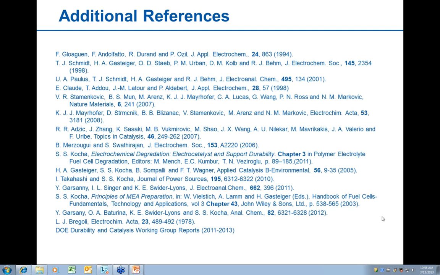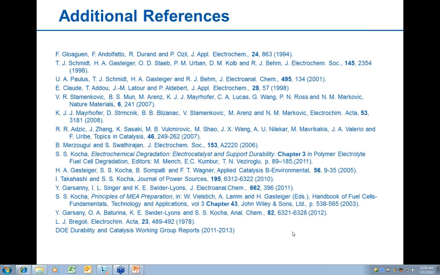Hopefully the gold is not going to affect the activity and you can deposit the film on it. So if you use a gold disc as the substrate, you could take it to high potentials. The only time I've done it is to look at corrosion, scanning the voltage all the way up to 1.8 volts. So yes, you can take it to high potentials if you change the material of the disc. I'm not sure how much information you can get about how good a catalyst is for electrolysis using this technique. Okay.